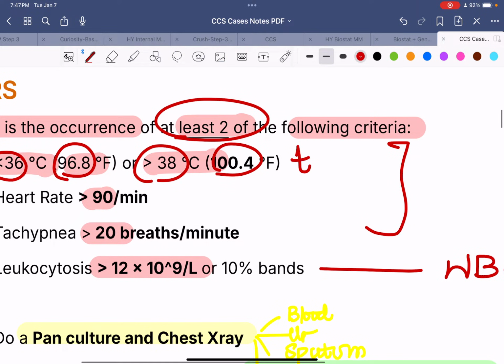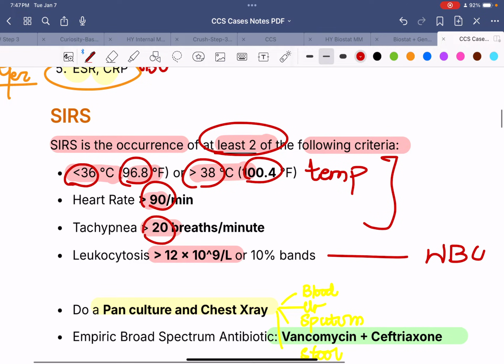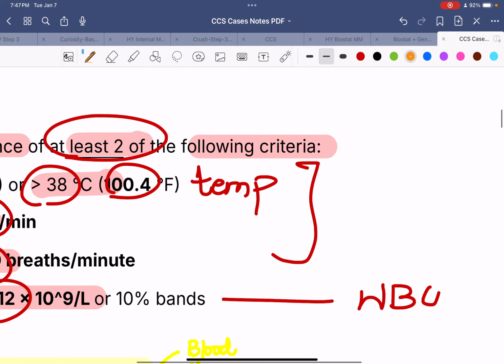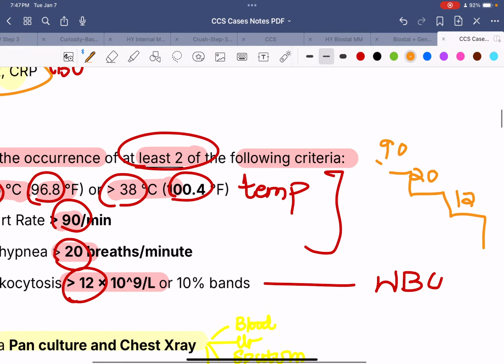Then we have the heart rate, for which you are going to memorize 90, 20, and 12. So I remember it like with the step ladder coming down. So that's 90, 20, and 12. And of course, you can memorize it easily, like what should be 90? 90 is something that should be heart rate, right? Anything greater than 90 in heart rate is one criteria for SIRS. Anything greater than 20, what rate should be greater than 20?